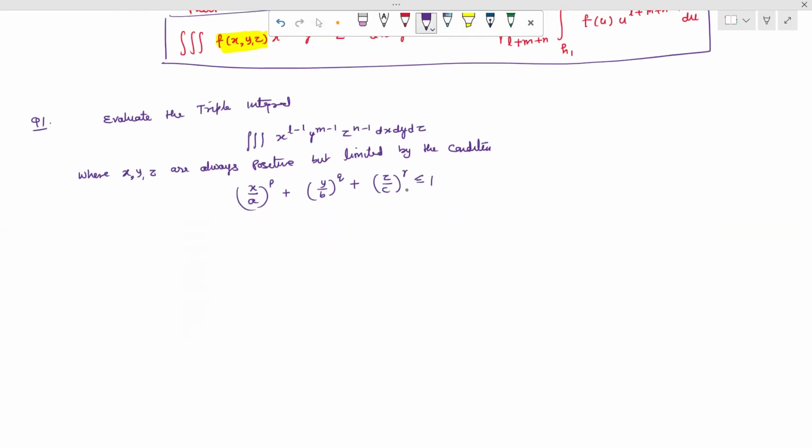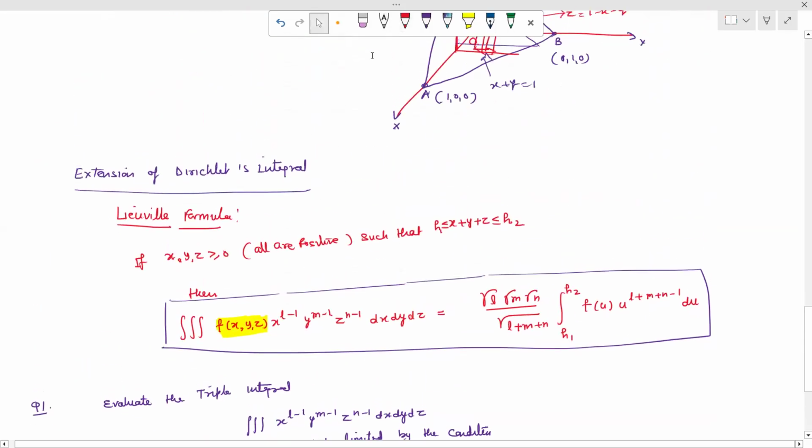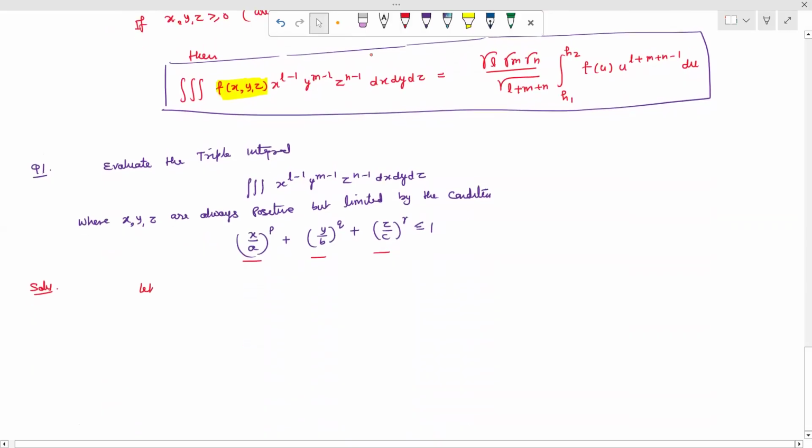Okay, so we solve this question. So now we consider these values because we have this condition, x plus y plus z less than or equal to 1.